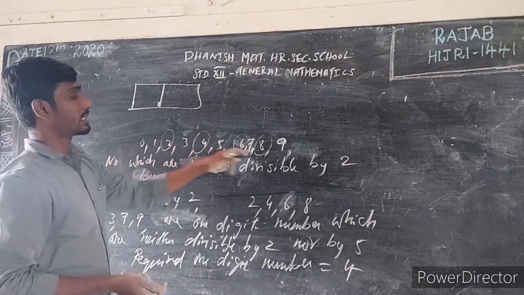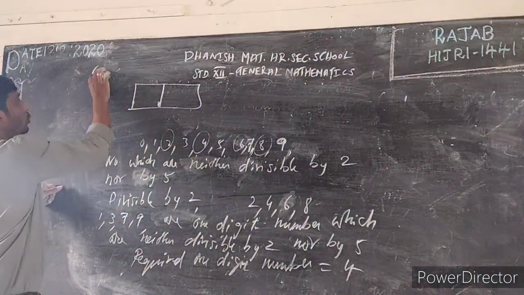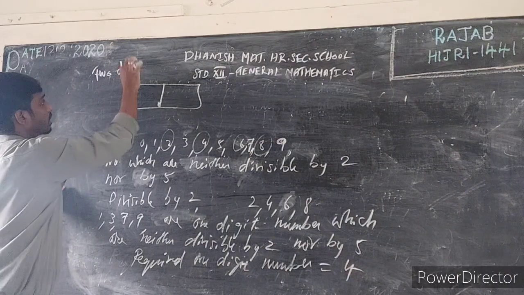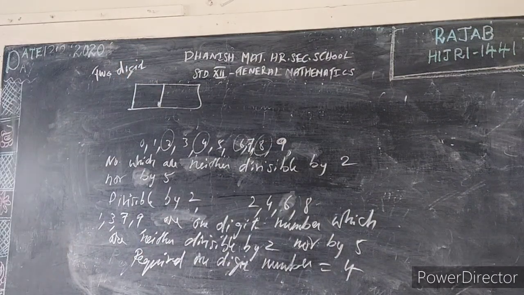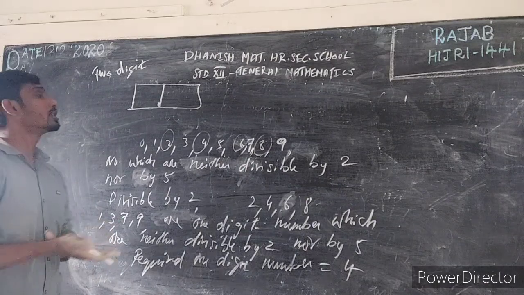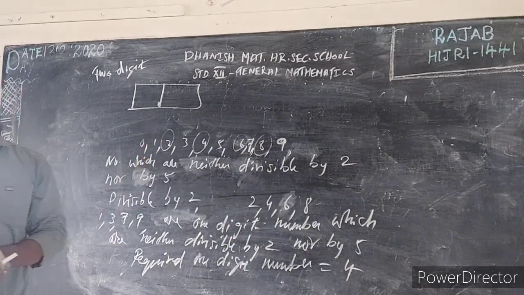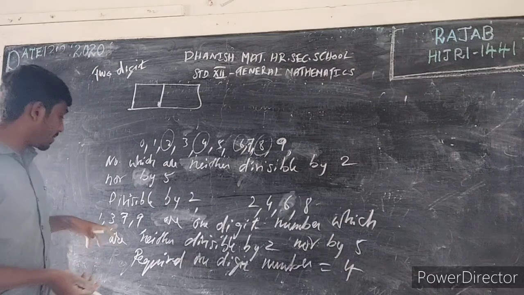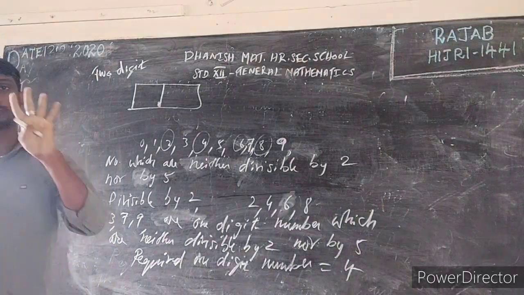The digits are 0 to 9, but since the number must be neither divisible by 2 nor by 5, the unit place can be filled by 1, 3, 7, 9, that is 4 ways.